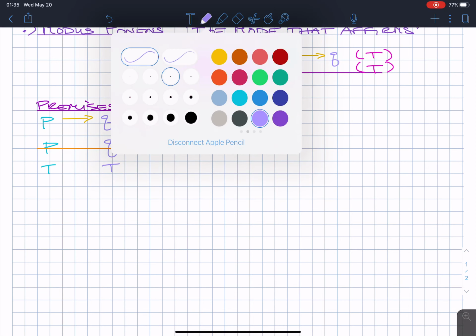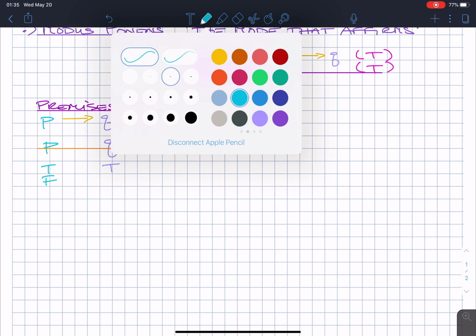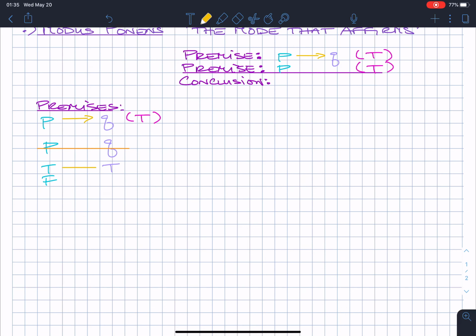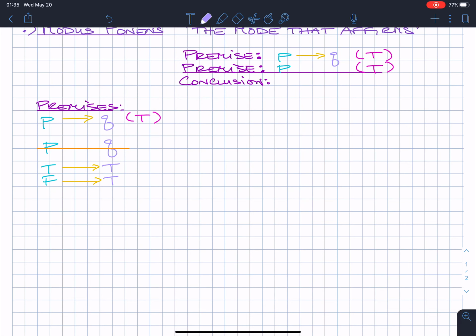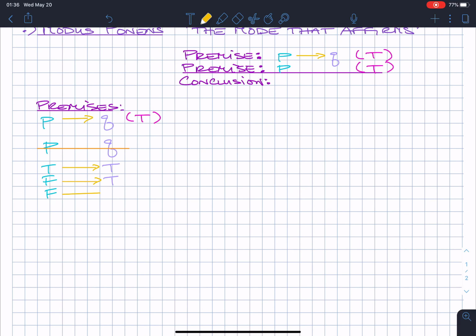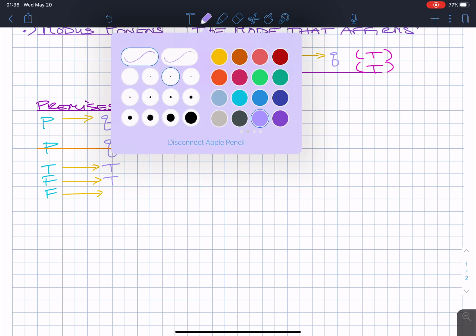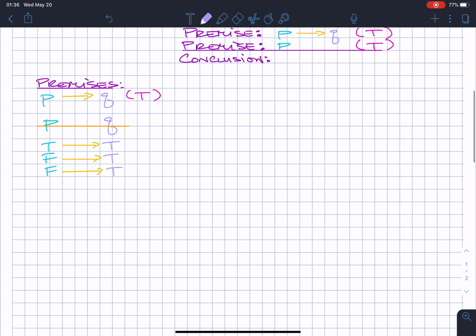True implies false, no, we can't have that one. False implies true, that's also okay. False implies false, that's also okay. These are the three that are true. Notice we don't have true implies false, because that was false.